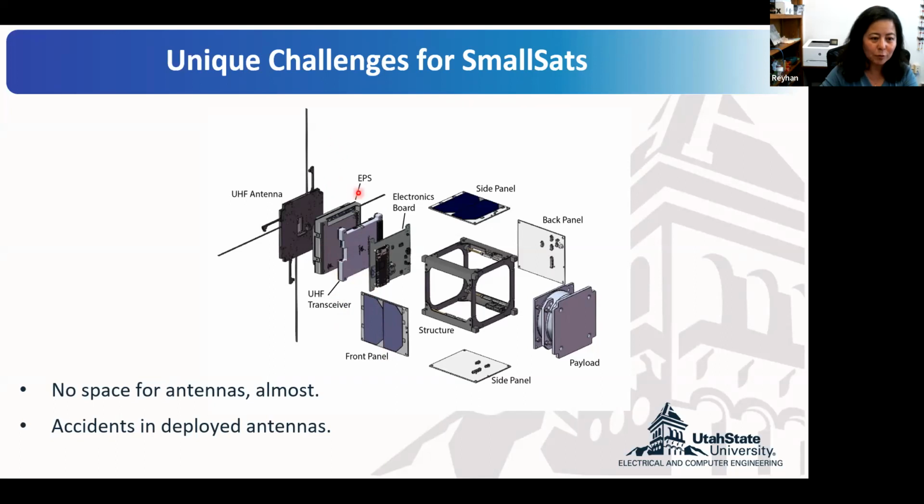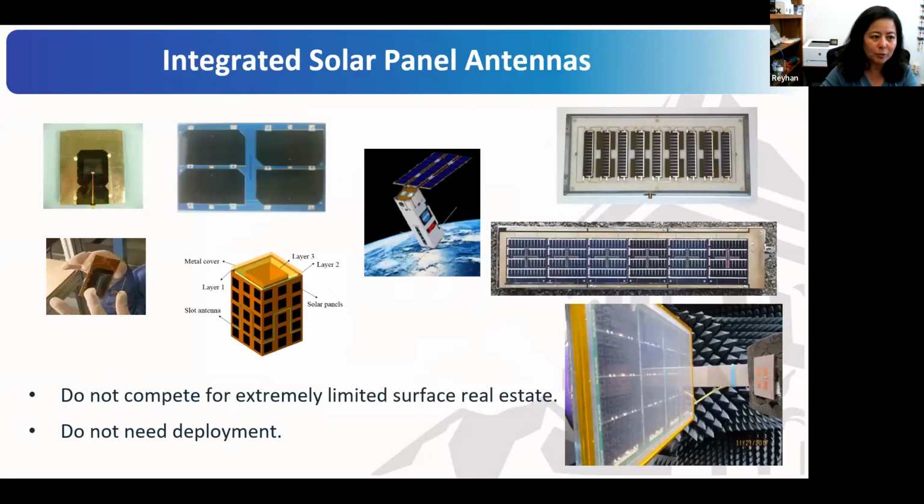So therefore, first of all, if possible, we don't want to chip off some solar cells from the satellite. And second, we want to put a surface mount antenna so you don't need deployment. Even if you don't want to chip out, then we might need a deployed antenna, but that may prompt accidents.